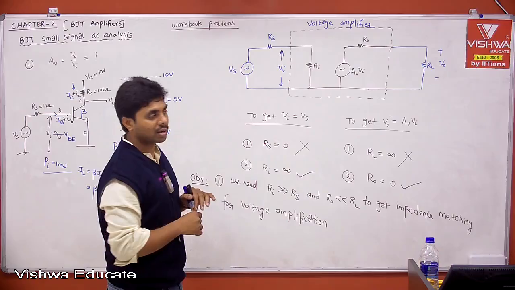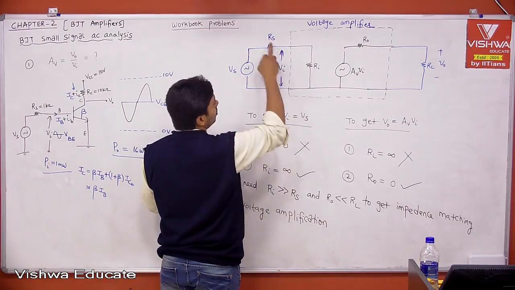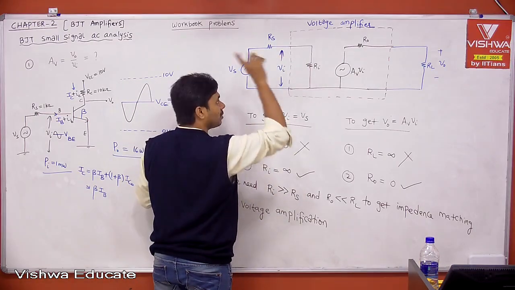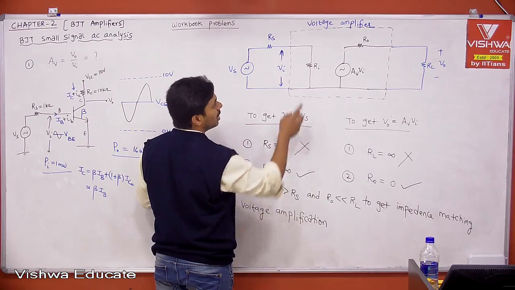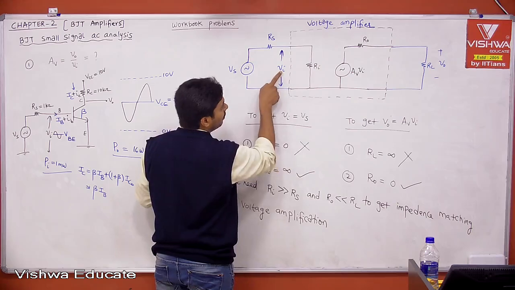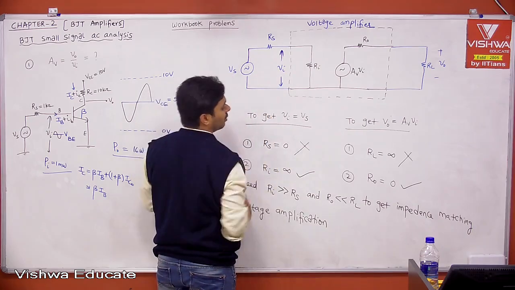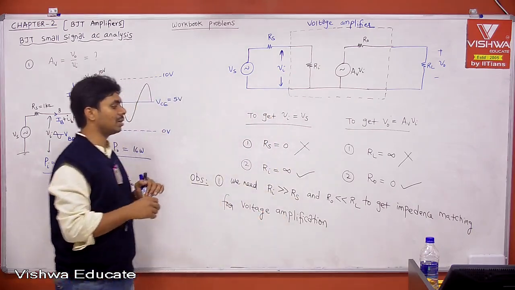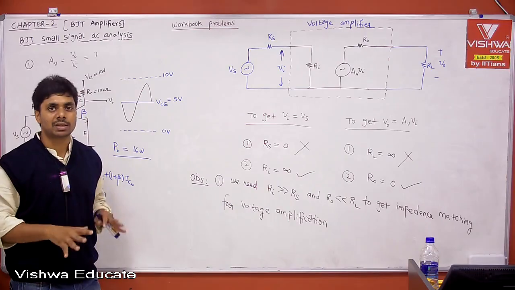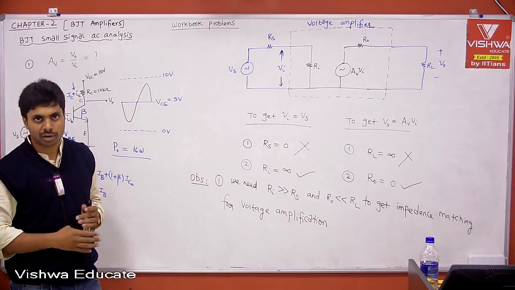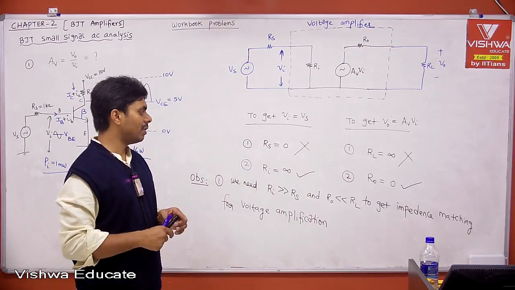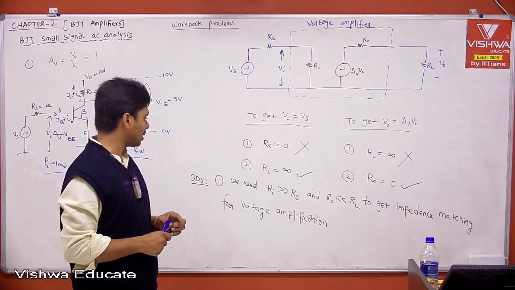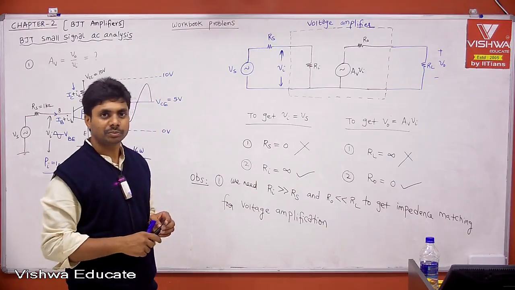Don't think that Ri is to be matched to Rs; that is for maximum power transfer. Here I am speaking about maximum voltage transfer. Therefore we need Ri very much greater than Rs and R0 very much lesser than RL to get impedance matching for voltage amplification.